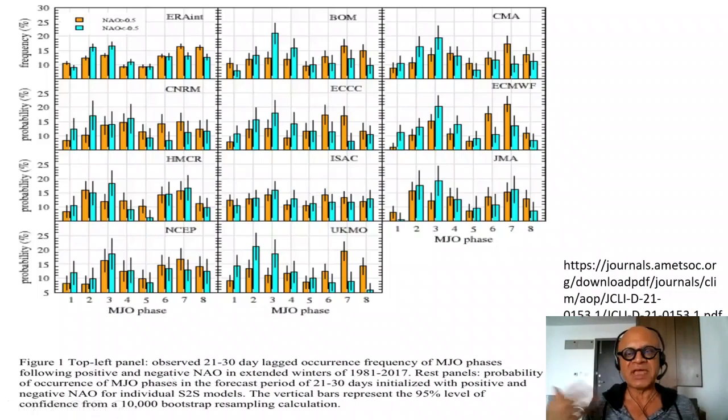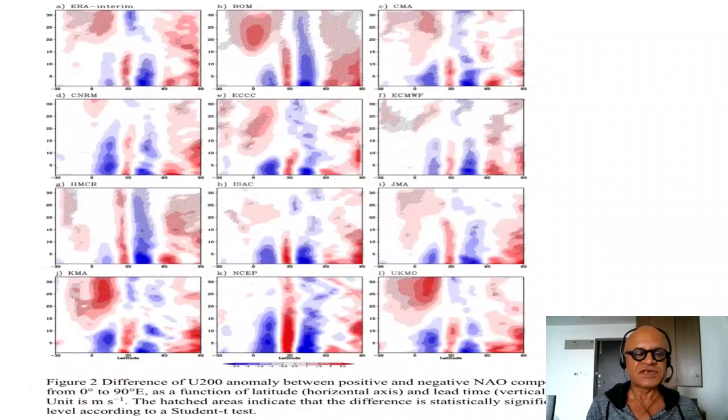So the forecasts are made and then there is a statistical resampling done to capture the statistics of these confidence limits. Nonetheless, if you look at the physics again from ERA and whether the different forecast models are capturing it, we are looking here at the difference of the U200, so 200 hectopascal zonal wind anomaly between positive and negative NAO composites averaged from 0 degree longitude to 90 degree east.